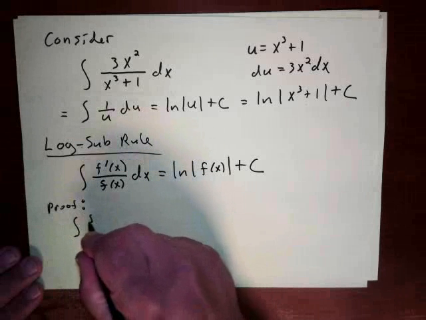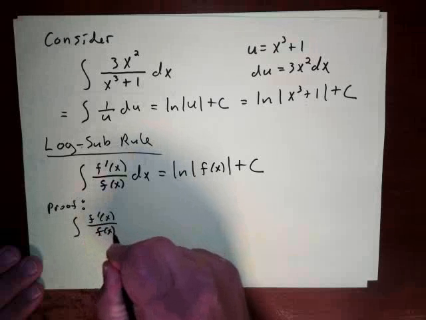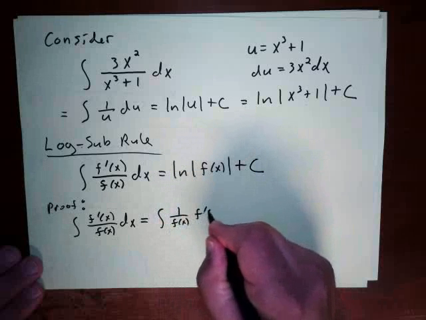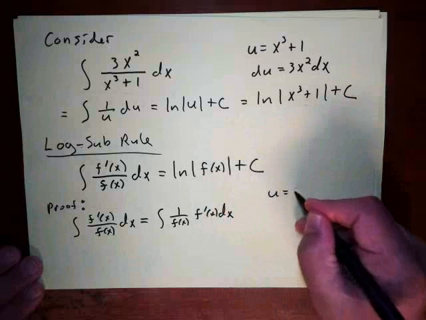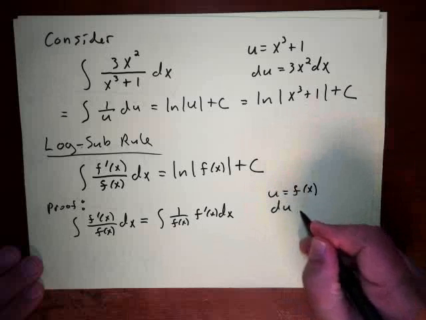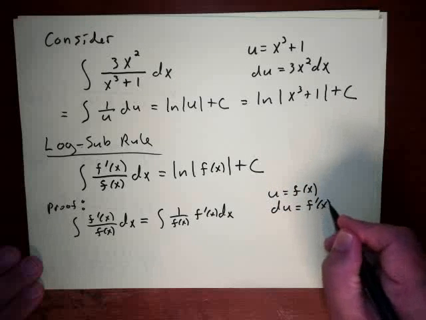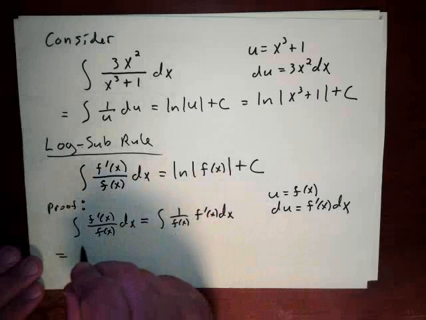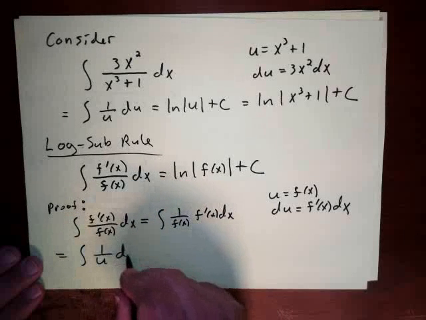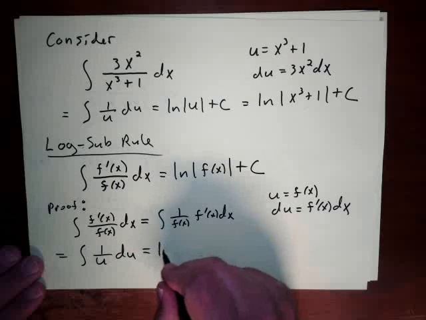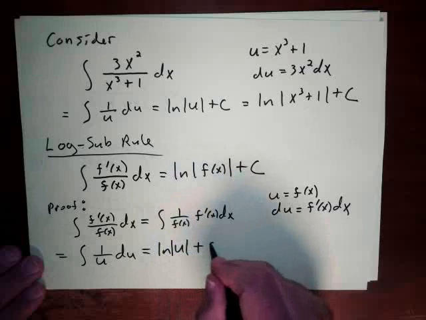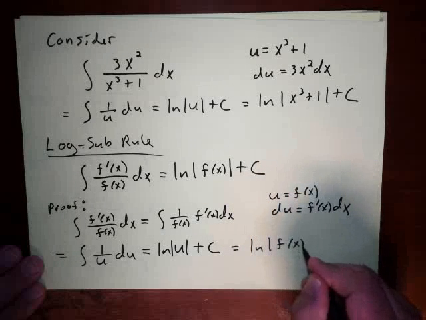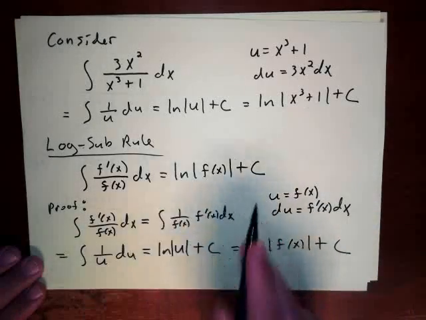I could say that we could rewrite it as 1 over f of x, and then f prime of x dx, and then I'd let my u be f of x, then my du would equal f prime of x dx, and so this would become du, this would become u, so I'd get 1 over u du, and that would just be equal to the natural log of the absolute value of u, plus c, and then plugging the u back in, absolute value of f of x plus c, which is what this rule says.